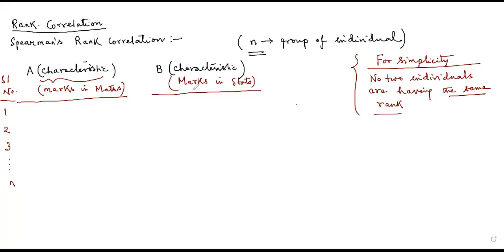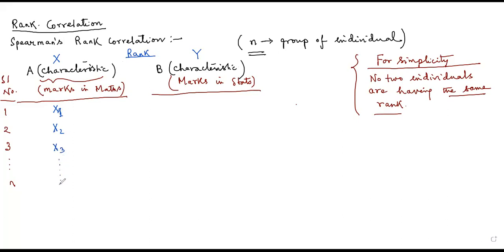So we are arranging these individuals as per the ranks. Suppose the ranks obtained by the individuals with respect to characteristic A are denoted by the random variable X, and the ranks obtained by the same individuals with respect to characteristic B are denoted by capital Y. These are the different values for the individuals with respect to the ranks given.